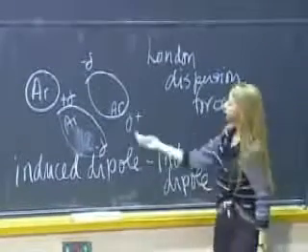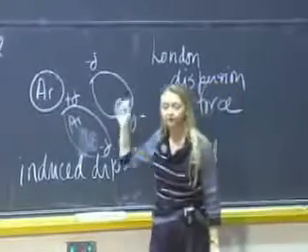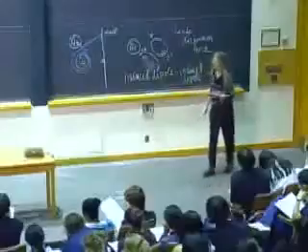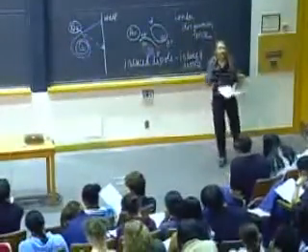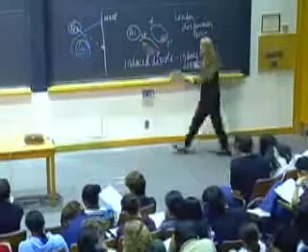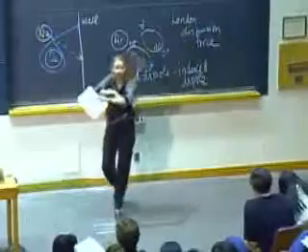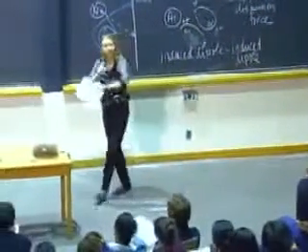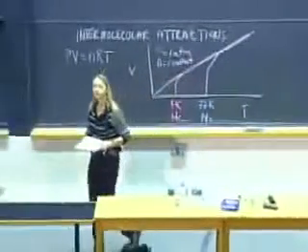Okay? So this is not a permanent dipole. This is a momentary dipole. This is an instantaneous dipole, which induces then an instantaneous dipole in the neighboring molecule, or the atom. The result is, because you got these two dipoles now aligned in opposite directions, a lowering of the energy.